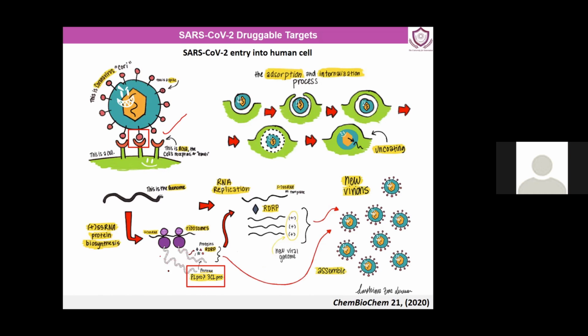Then there is a long ORF, which is broken into small functional proteins with the help of protease, which is encoded by the coronavirus itself. So these two are also major important targets. The third one is the RNA dependent RNA polymerase, which helps to multiply the viral genome. Then the viral genome is packaged into new virions, and ultimately released from the cell. Then they go and infect another cell. So this is the routine mechanism of SARS-CoV-2.